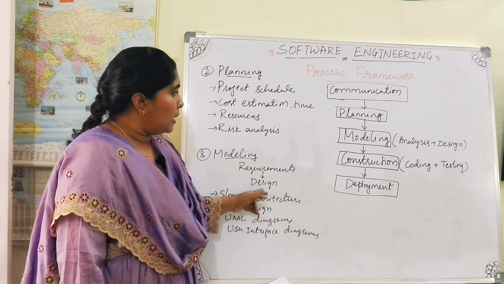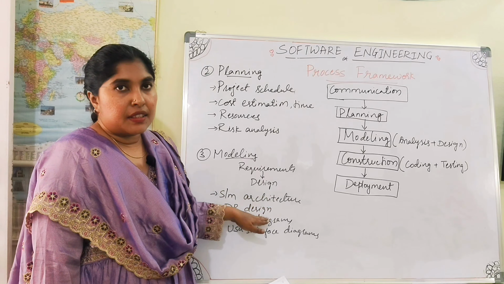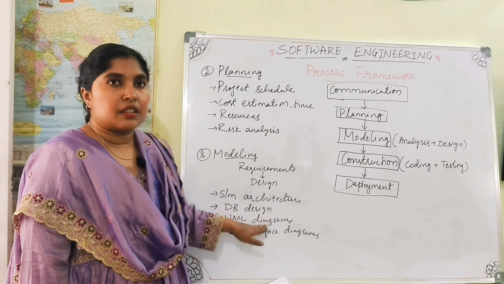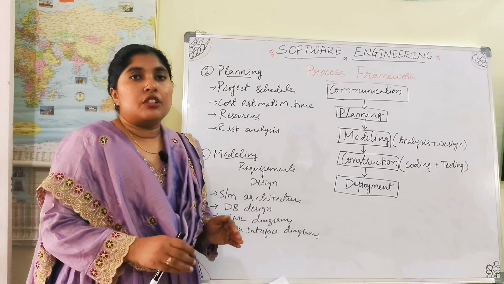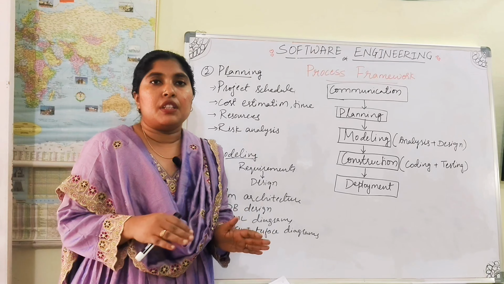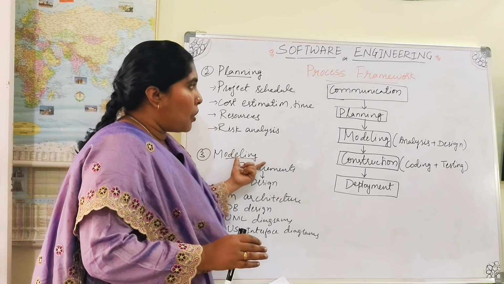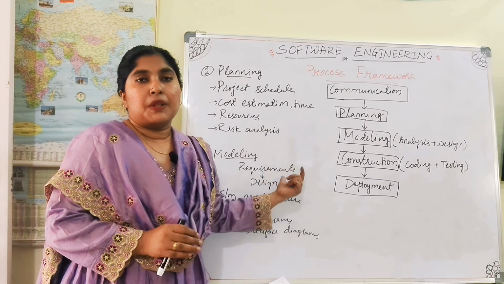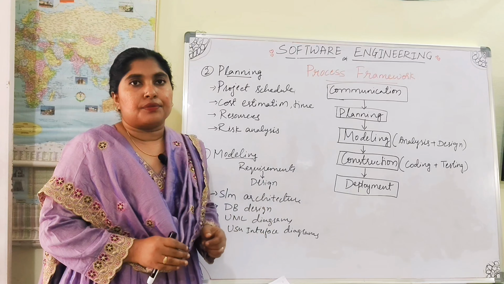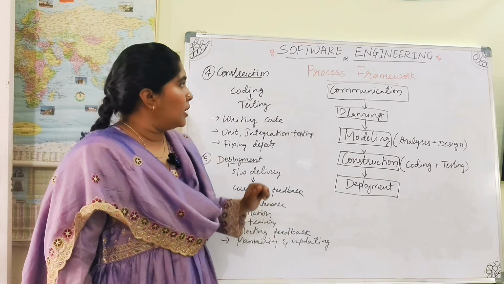Designing covers the system architecture, database design, user interface diagrams and UML diagrams, all made in order to show the flow of data from one component to another and how your system will work. This modeling or design plays a major role. It acts as a blueprint for the project.